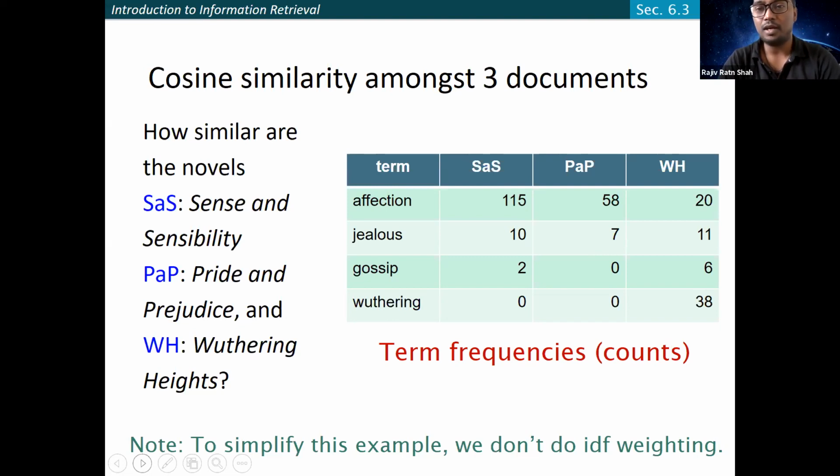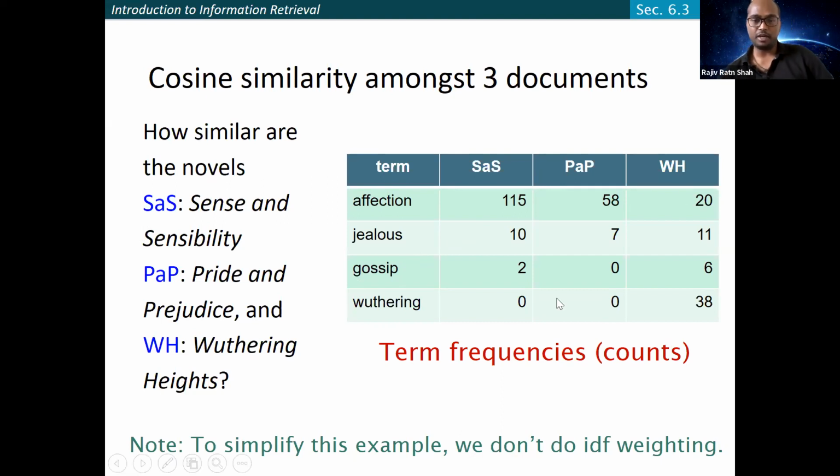For example, some authors mainly write romantic novels, some write thrillers, or horror, right? So if the genre is similar, probably the author is similar. In general, ideally we should have higher similarity for these 2 documents as compared to SAS and WH. So based on the representation we are discussing, hopefully we should get a similar result, right?